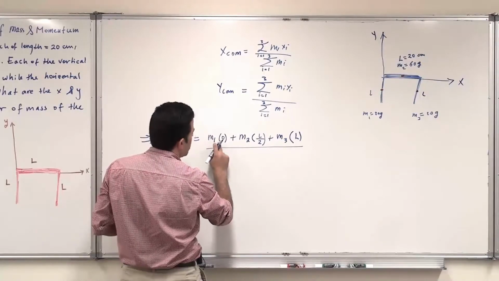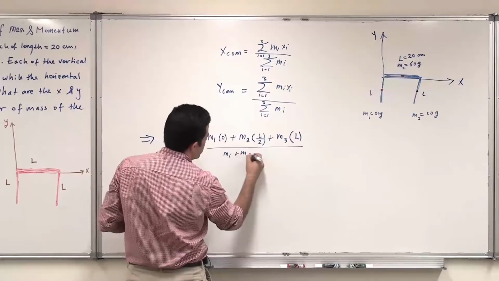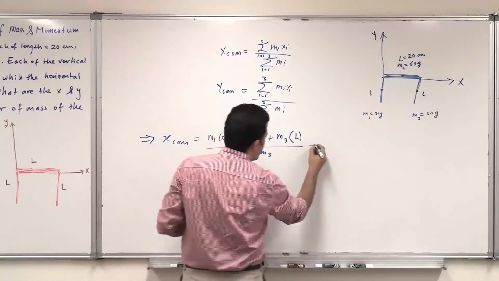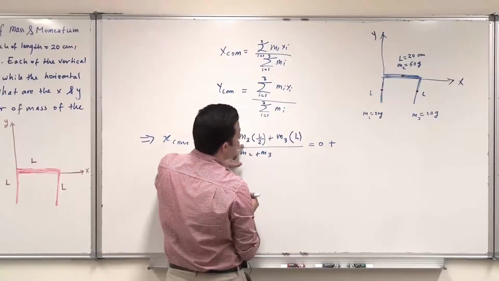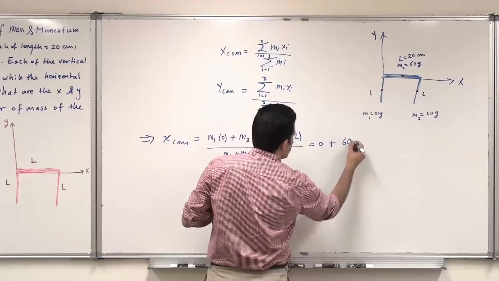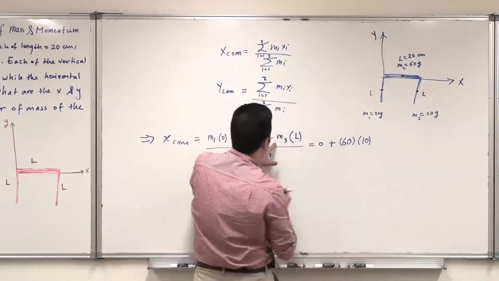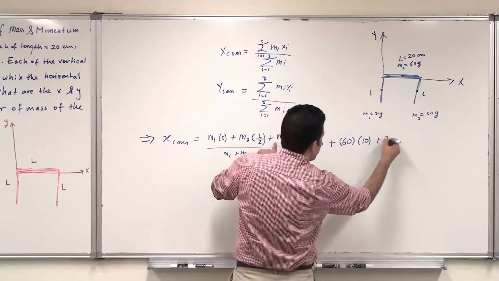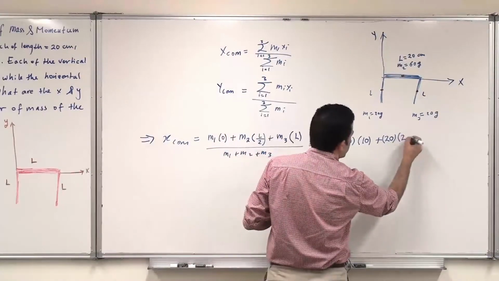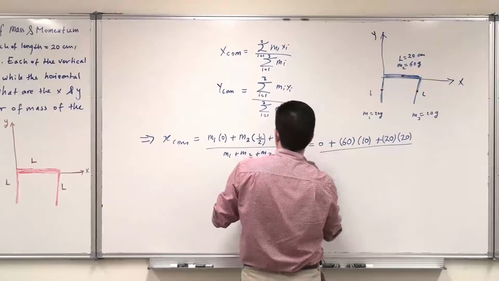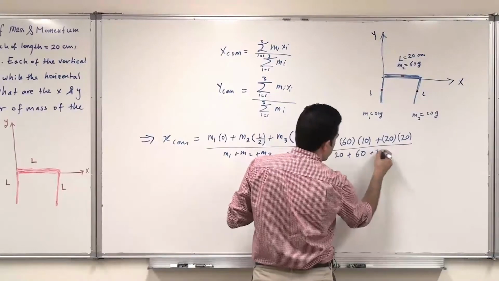Now this all should be divided by all the masses involved, including the one that gave a 0 coordinate for the center of mass. So it will be m1 plus m2 plus m3. This yields 0, plus m2, 60 grams, multiplied by L over 2, which is 10, plus m3, which is 20 grams, multiplied by L, which is 20, divided by 20 plus 60 plus 20 grams.